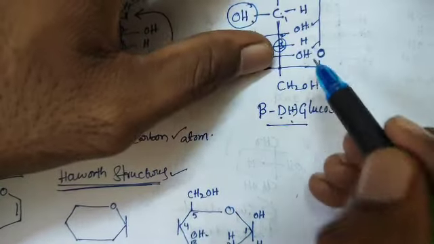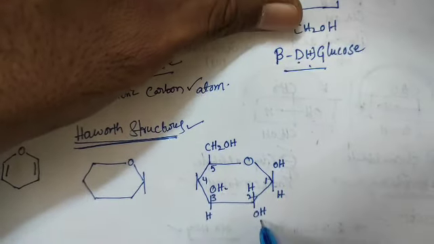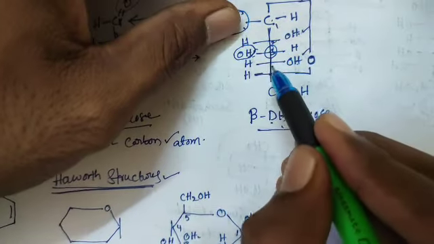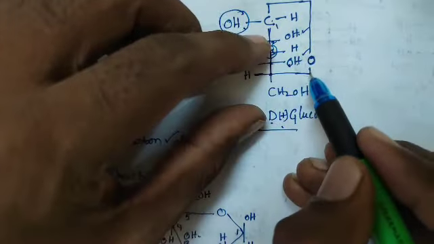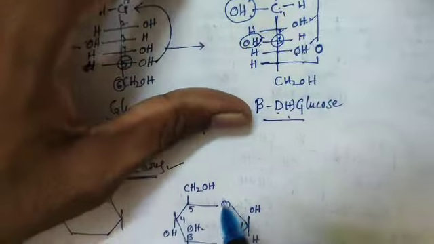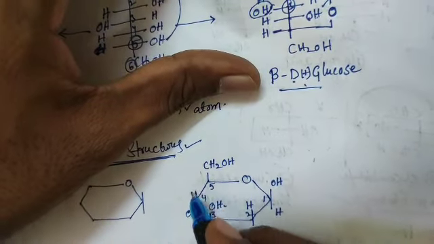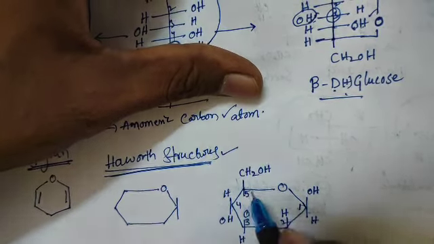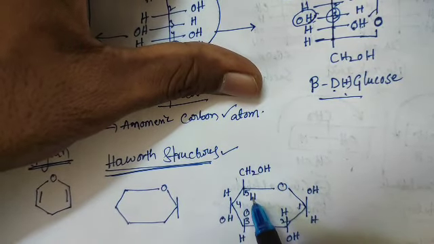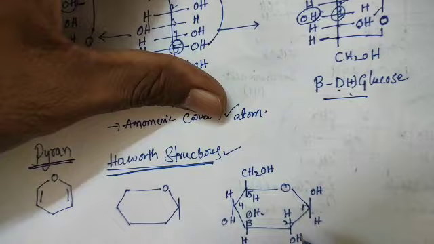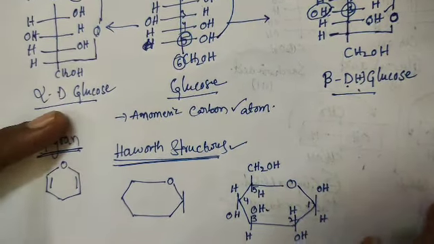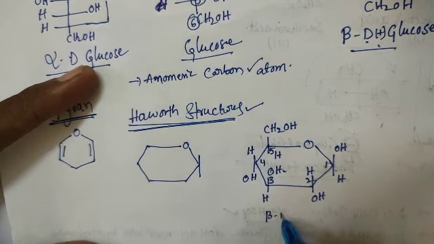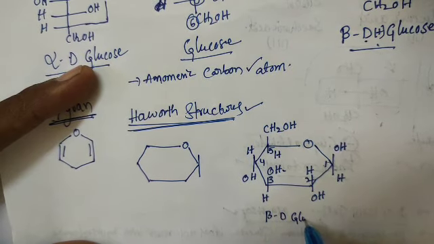See, here 1, and here one more, the fourth carbon. The fourth carbon has OH inside in this cycle, but outside here. Then here hydrogen. Then CH2OH, and on this side one hydrogen. Okay, this is the Haworth structure of beta D glucose.